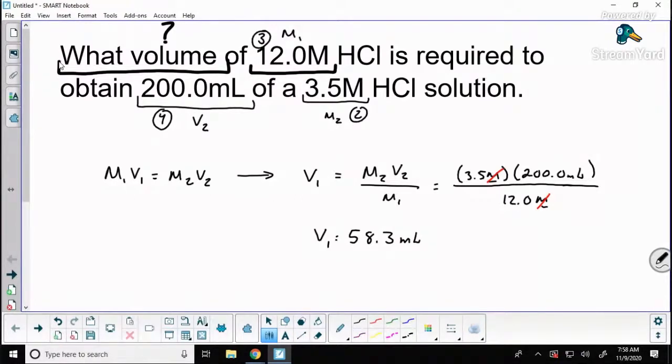As a result, this would have to be rounded down to just 58 milliliters due to the inaccuracy of that 3.5 molar. If it had been 3.50, I'd have 3 significant digits and could have left it as 58.3. So that is the working of this problem.